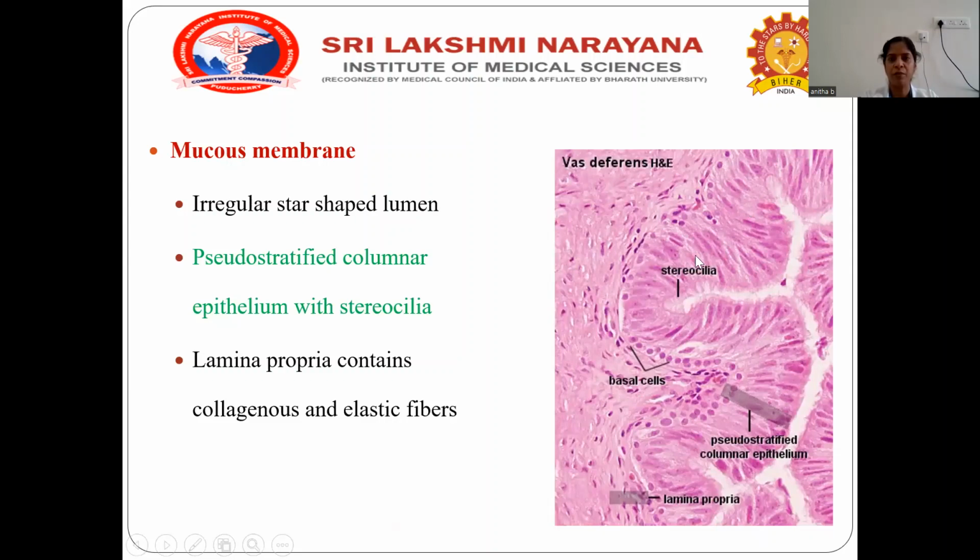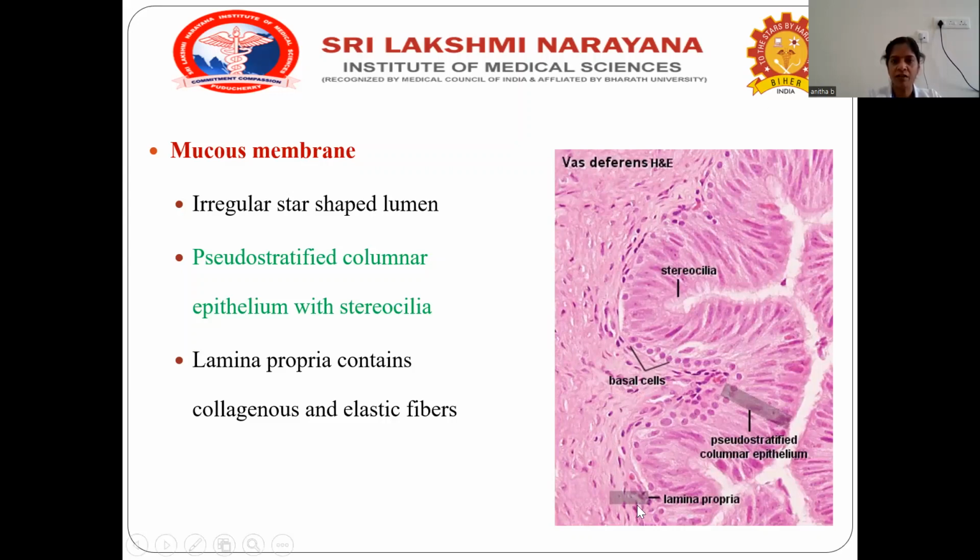Then what is the lining epithelium here? This is pseudostratified columnar epithelium with stereocilia. In epididymis also you can see the stereocilia. In vas deferens also the lining epithelium will be the same because it's a continuation only. So pseudostratified columnar epithelium with stereocilia you can see. So this is the epithelium.